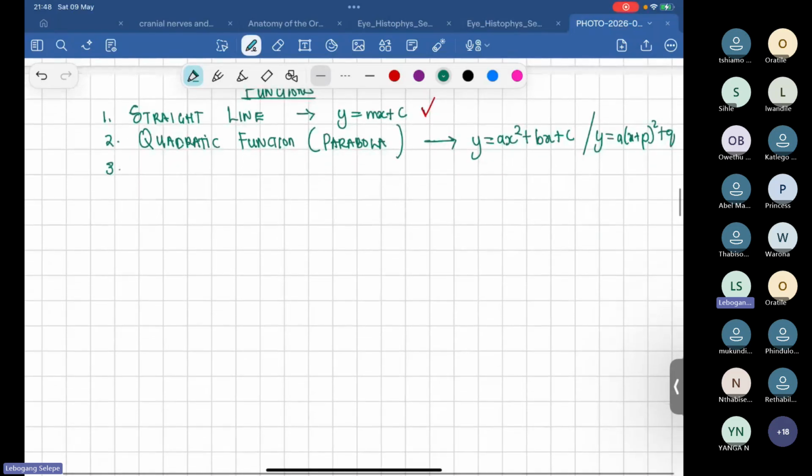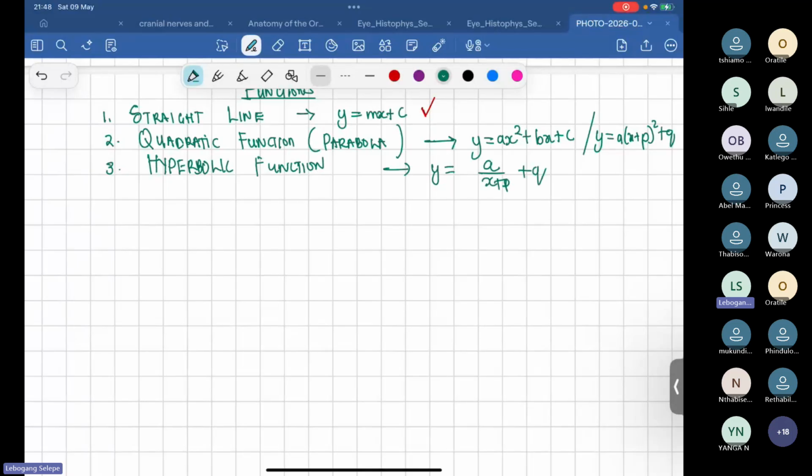Now the third function that we need to do is a hyperbolic function, which is governed by the equation y is equal to a over x plus p, plus q.